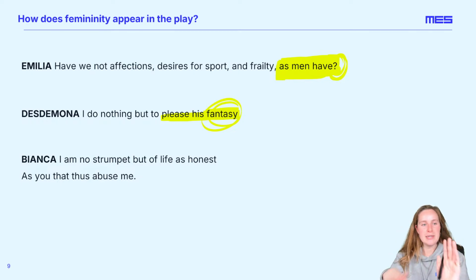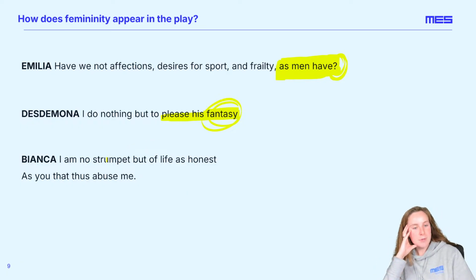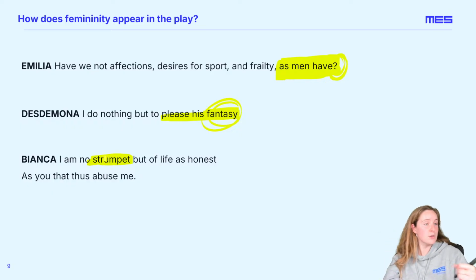So very different then, Desdemona from Emilia, and very different as well from Bianca. Bianca says, I'm no strumpet, but of life as honest as you that thus abuse me. So interesting here, because Emilia and Desdemona don't like Bianca. They don't socialize with her because she would have been a corruptive influence on them.